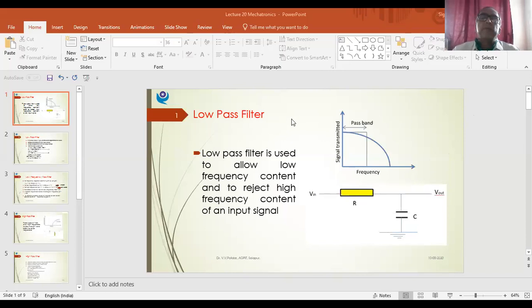Last class we discussed the need for filtering circuits or filtering devices during signal conditioning.